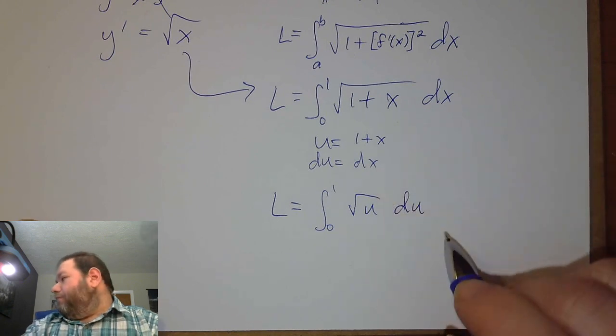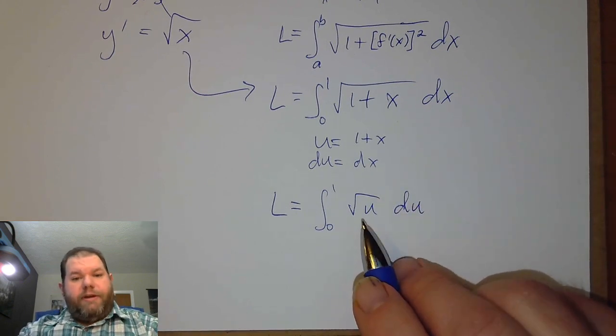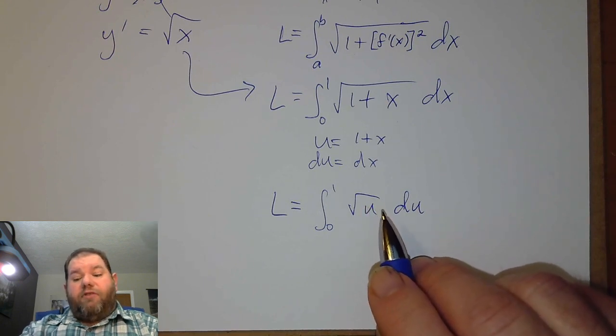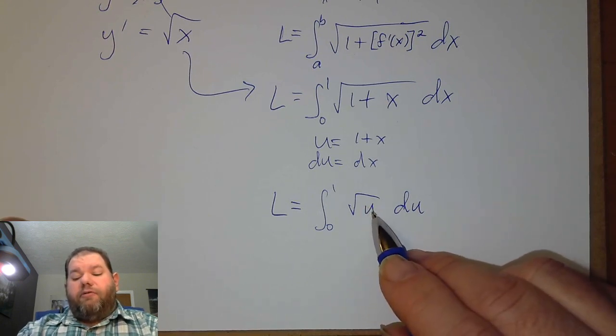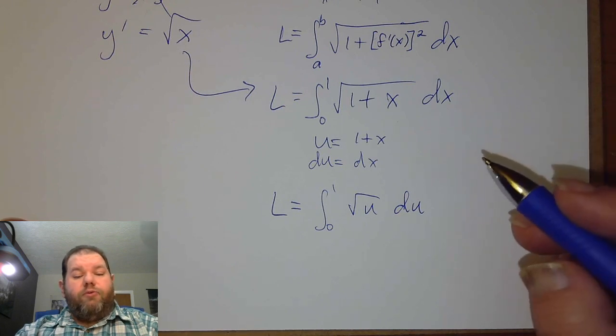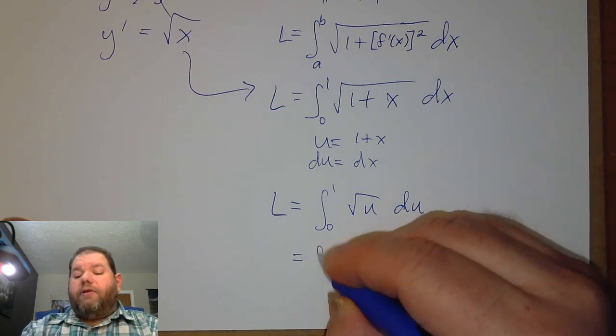Now, we still want to make sure we carry out all the steps in proper detail. Square root of u, again, helps to make that u to the 1/2 power to integrate.